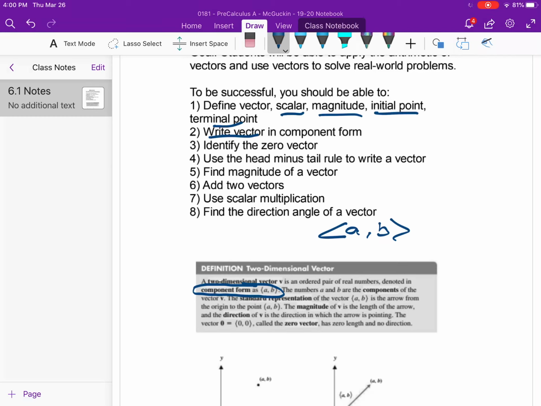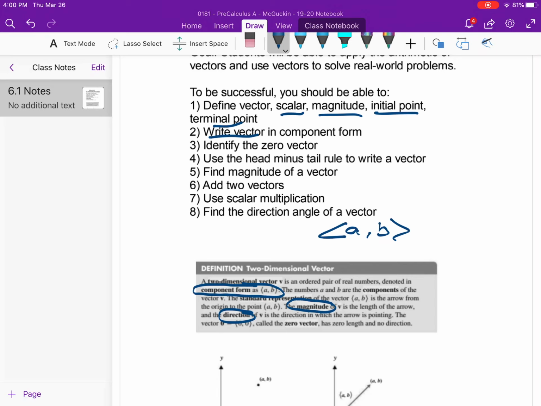Now, when we are talking about a vector in general, we have to understand that a vector has two things, and this is so critical in moving forward in higher level mathematics: a vector has both magnitude and direction. Magnitude is simply size.